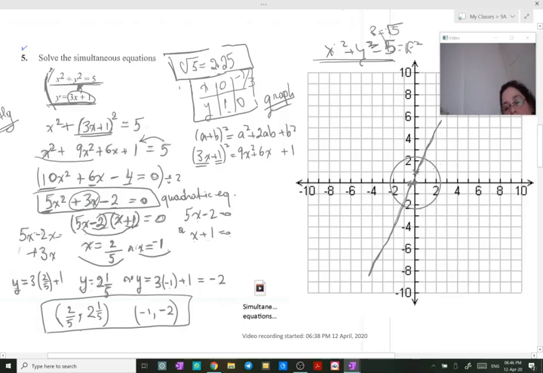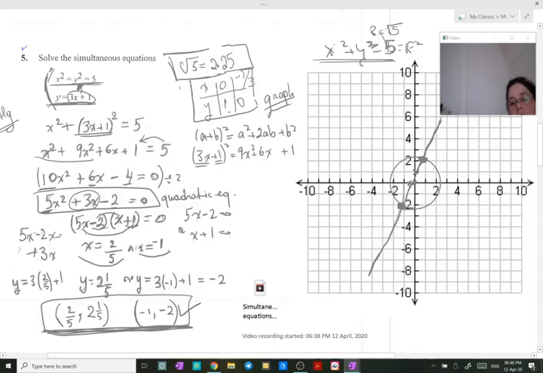Now look at the points of intersection. This is the first point of intersection, and this is the second point of intersection, so we have two solutions. Comparing it with the algebraic solution that we found, we have also two solutions. If you look at minus 1 for x and minus 2 for y, you get this point, which is this one.